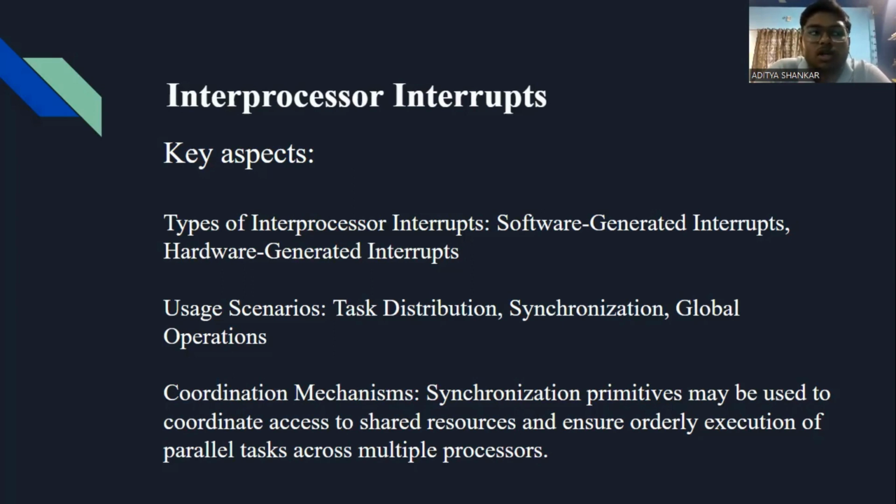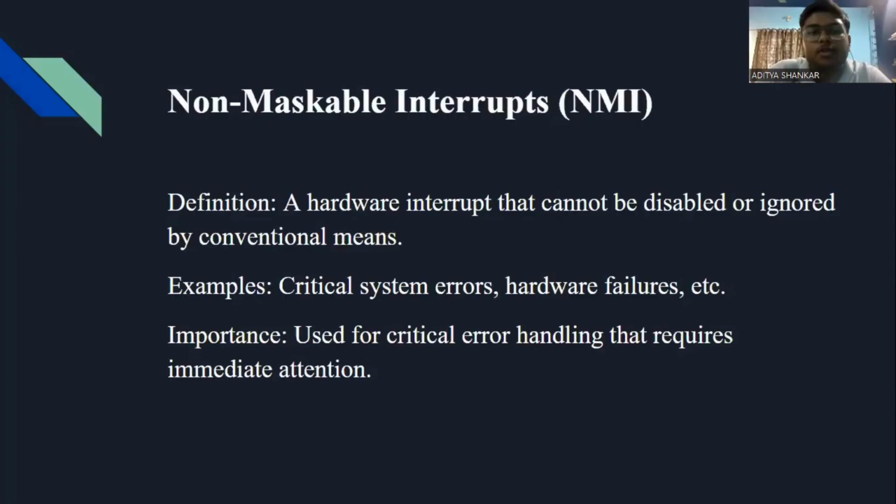Global operations are when there is a shared resource and the different processors are operating on that shared resource, so there needs to be coordination between them. Next up is coordination mechanism. That is, of course, synchronization, which is used to coordinate access to shared resources and ensure the orderly execution of parallel tasks.